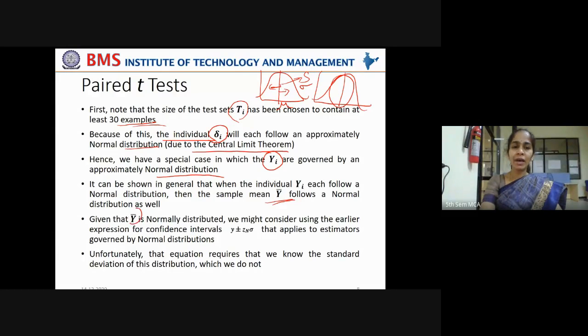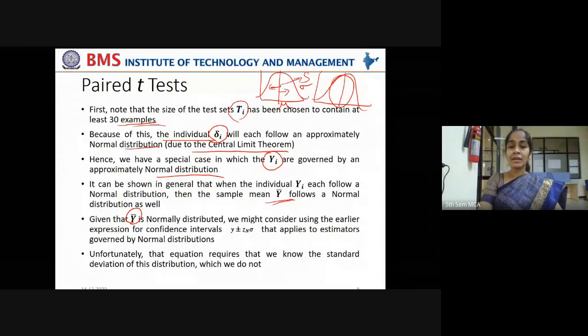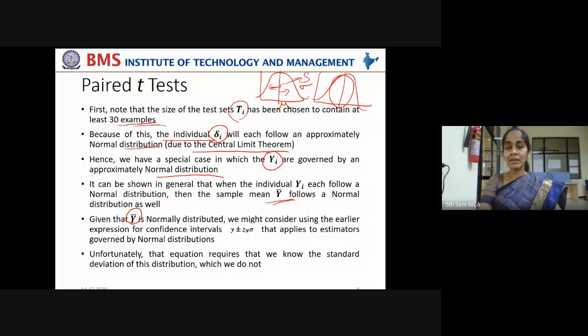Now, given that y bar is normally distributed, we might consider using the earlier expressions for confidence interval. We understood that this y bar, the mean difference in the errors of the learning algorithms, follows a normal distribution, so why not write the confidence interval expression directly, instead of using mu plus or minus t n k minus 1 s delta bar.